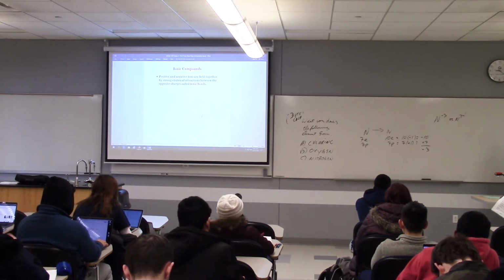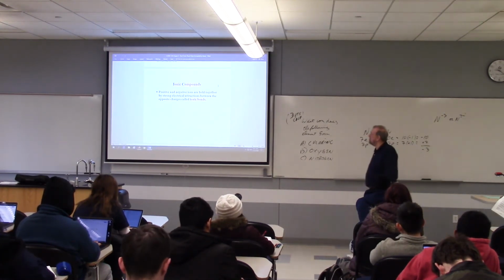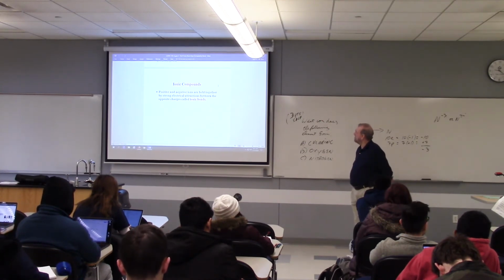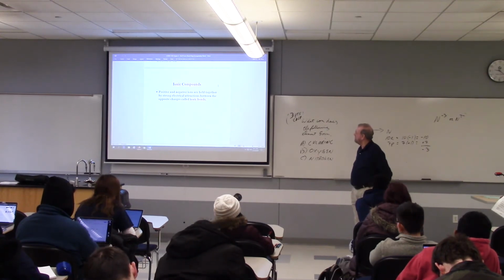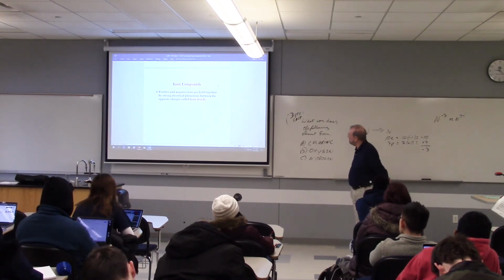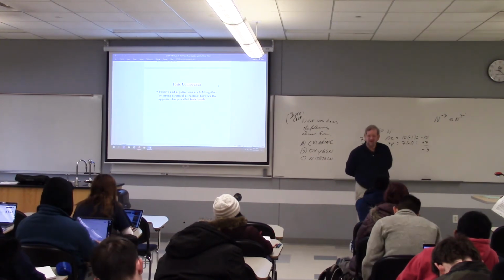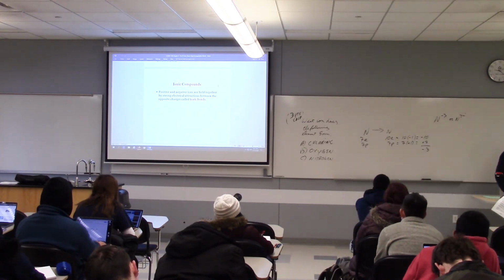When this happens, you form ionic compounds. Positive and negative ions are held together by strong electrical attraction between opposite charges called ionic bonds. I'll never ask you this on a test, but you should be familiar with it and know what it means.